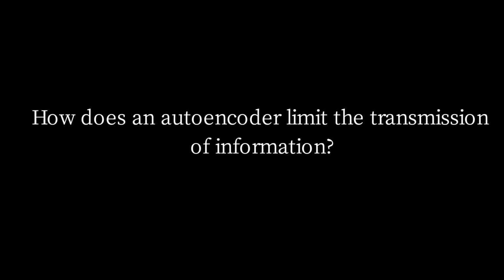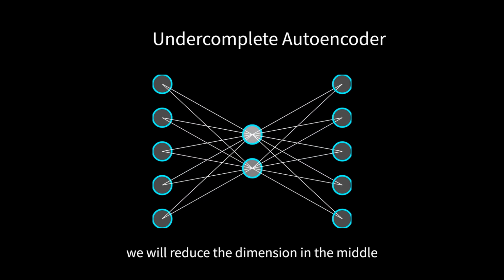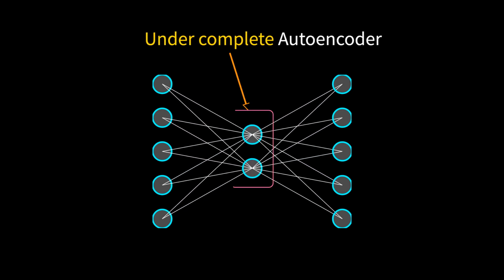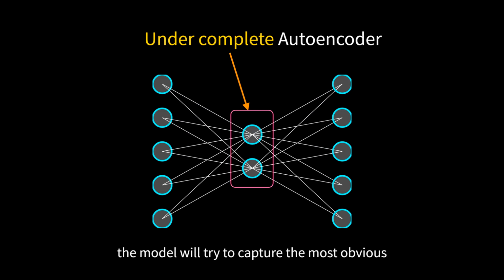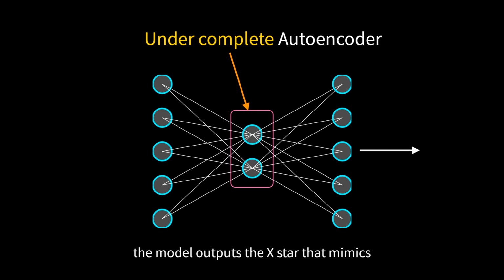Several types are introduced. The first one is the undercomplete autoencoder. To prevent simple duplication, we reduce the dimension in the middle, that is undercomplete. Therefore, the model will try to capture the most obvious features.